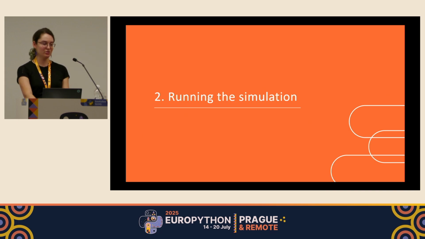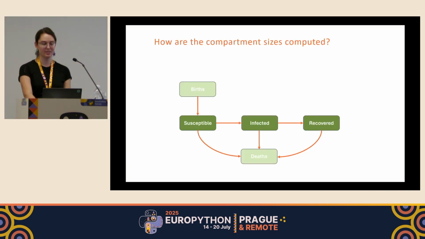And now we're ready to run the simulation. So how are the compartment sizes computed? I just want to look at this quickly so that we see what's going on under the hood before we actually run the simulation with the code. So essentially at t equals 0, at the initial time point, to initialize the model, it's just going to match the initial compartment sizes exactly, because we need a starting point for everything, right?